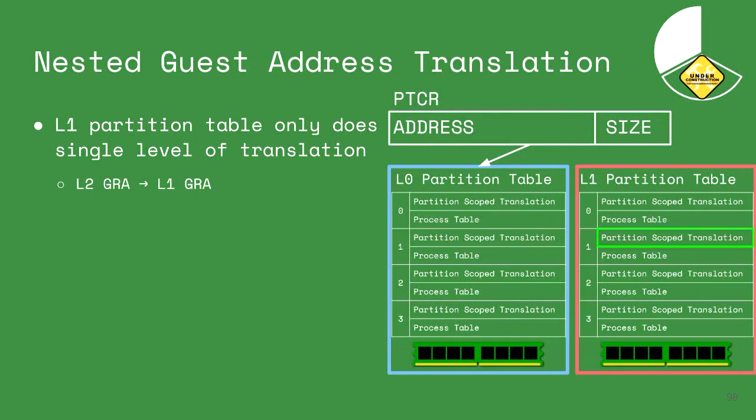It's also important to remember that the level 1 partition table only does a single level of translation. Currently, when we've just been running normal guests, we have our level 0 partition table doing translation from level 1 guest real address to level 0 host real address.